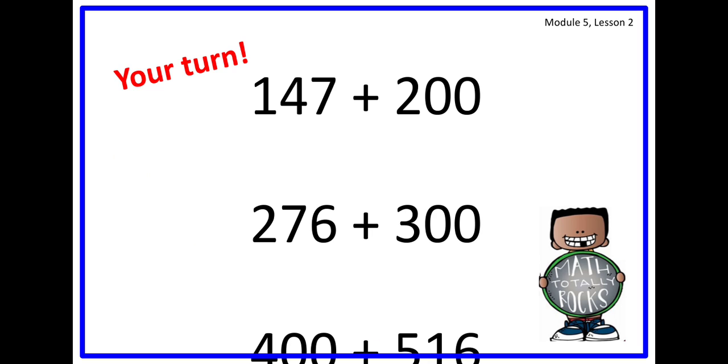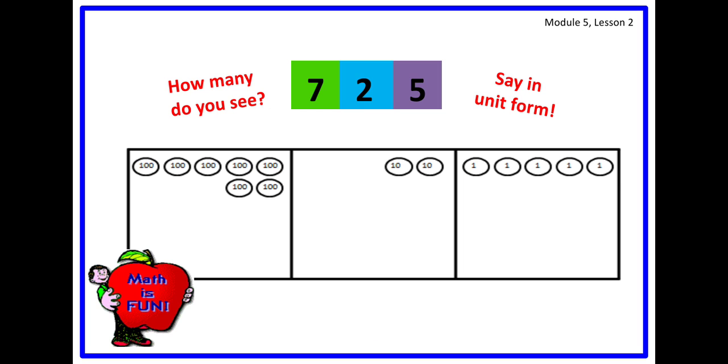So 147 plus 200 is 347. 276 plus 300 is 576. And 400 plus 516 is 916.